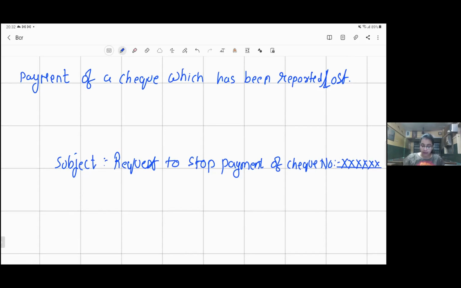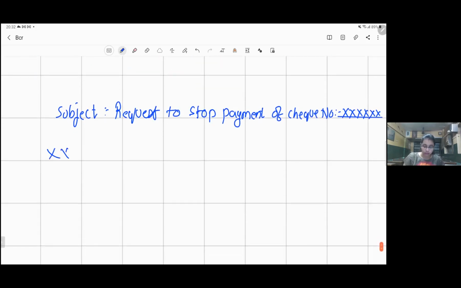You all can write the date like this, or you all can write down the date also. But you all will write the date that has already gone, a past date, and has been misplaced as reported by their accounts department.